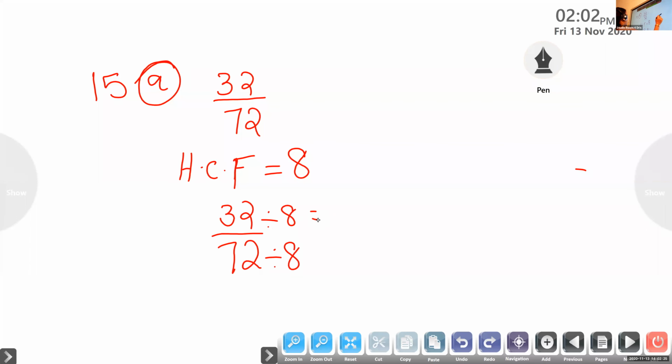So children, if you want to write the factors of 32 also, you'll get 1 and 32, 2 and 16, 4 and 8.